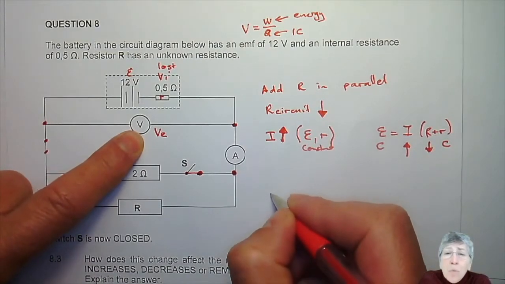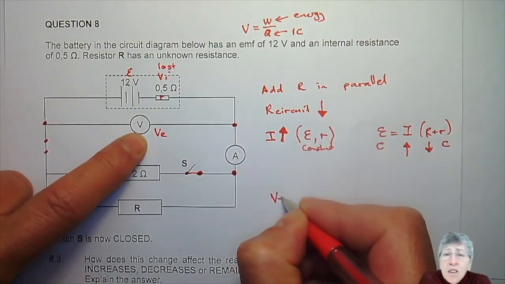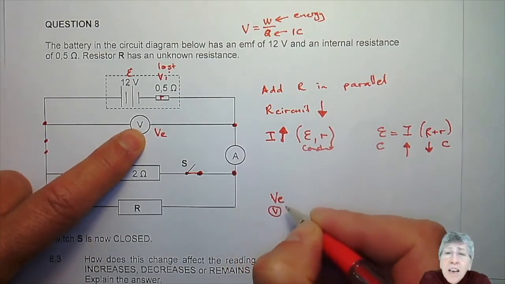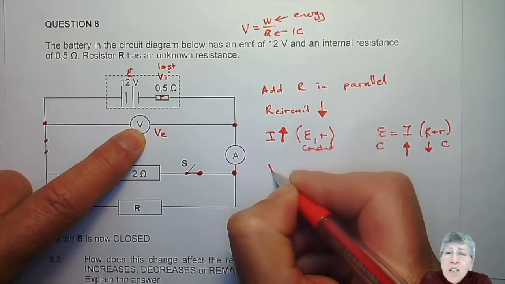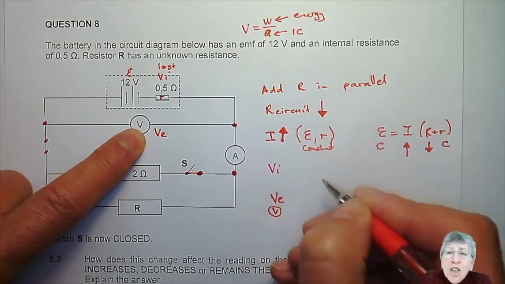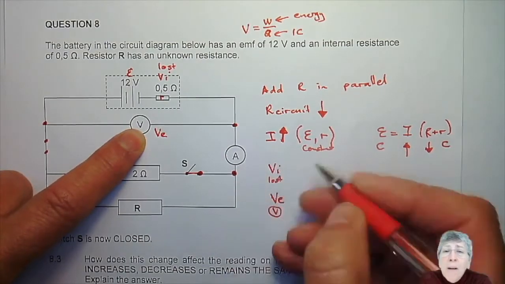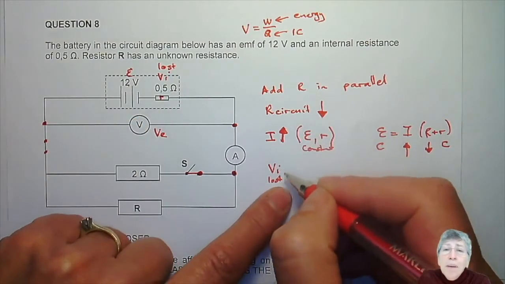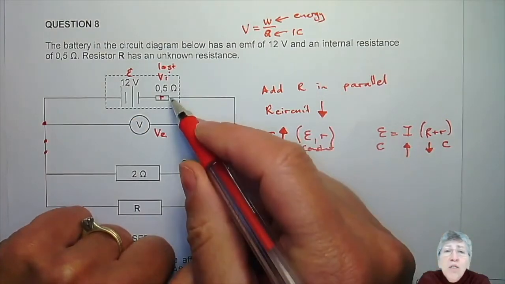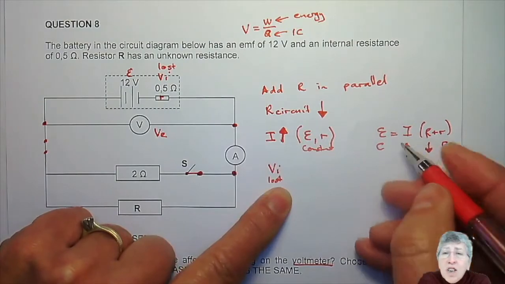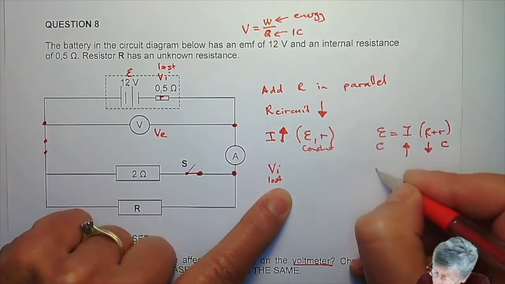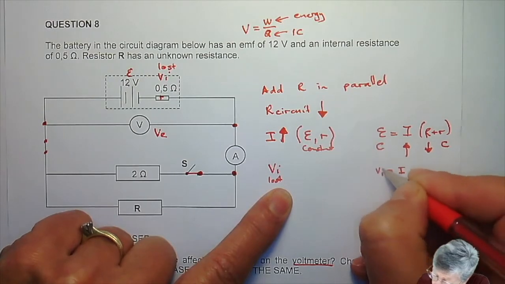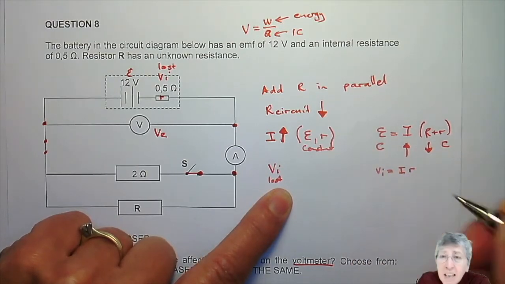Now, if I want to talk about the volts that's available for external, that voltmeter reading, I first have to consider what is happening internally, what is lost. Now, when the current increases, I want to know what's happening to the internal volts. Is it using less or using more energy in there? Now, for this, I will say V equals I times r, because it's internal voltage, so it's the internal resistance.